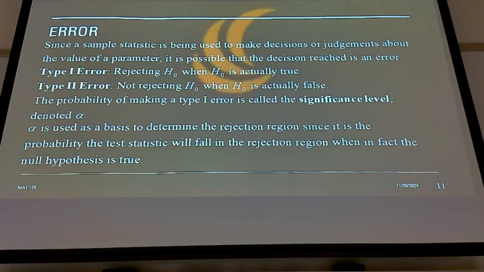The rejection region is determined not only from your significance level, but also by the form of the alternative hypothesis. There are three forms: a right tail, a left tail, and a two tail.